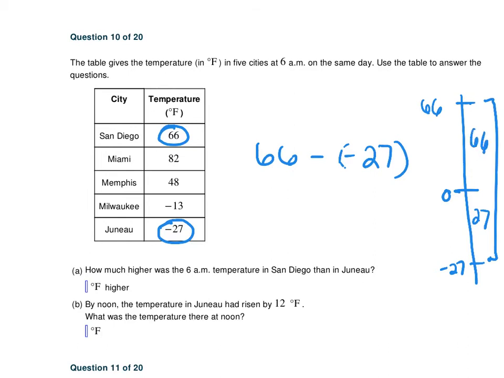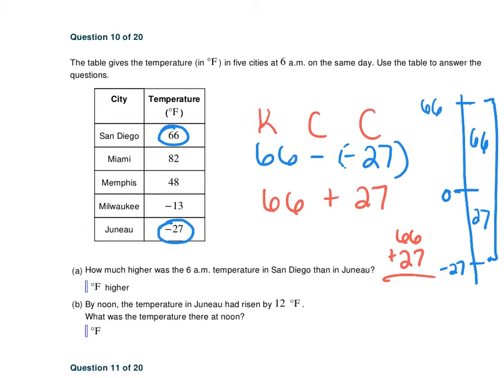So then I'll add those together. Or in this case, keep, change, change, which changes it to addition, which is 66 plus positive 27. So when I add those together, I get 93 degrees. So San Diego was 93 degrees higher than Juneau.